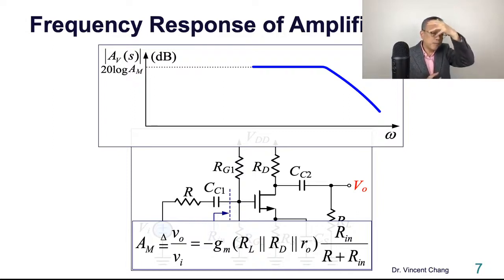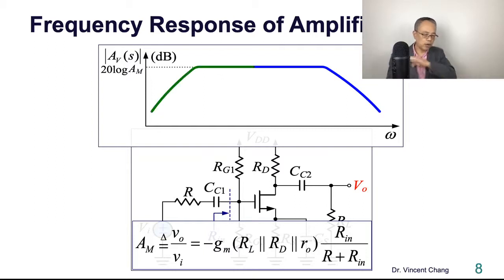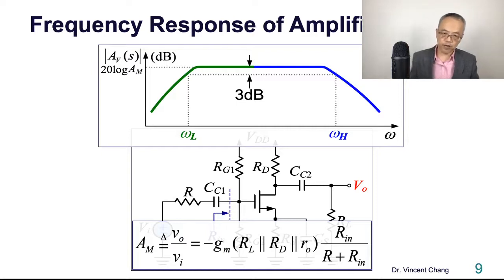The ability to amplify the signal will decay at high frequency. So it's the high frequency decay. Similarly, for low frequency signals, the gain will also be attenuated, will also decay.